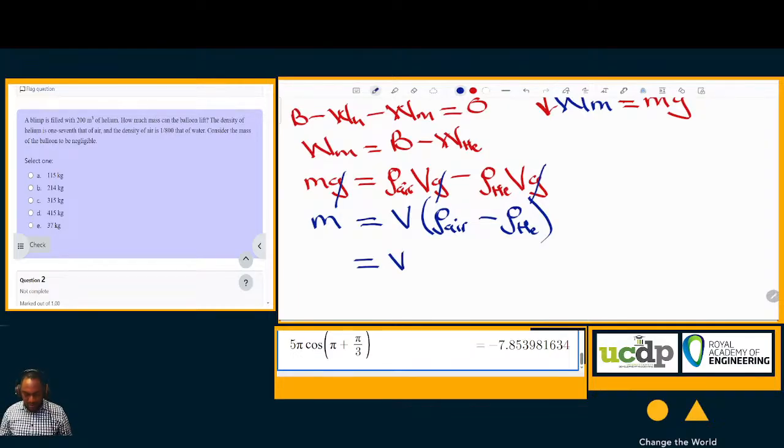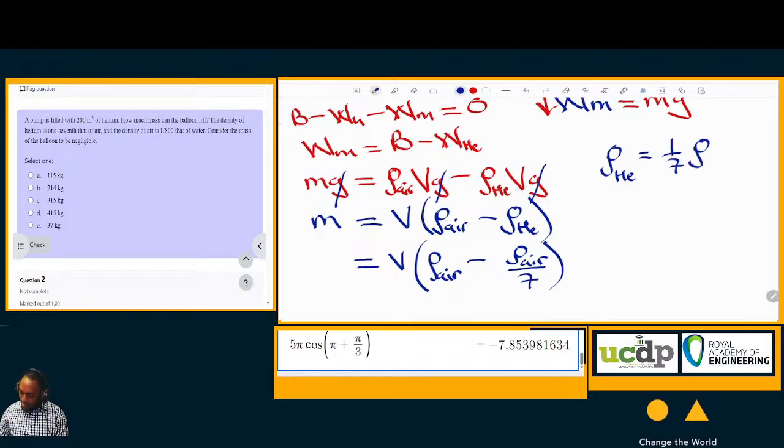If you simplify now, what is the relationship between the densities? The density of helium is 1/7 that of air. That's what we're told, so nothing to worry about there.